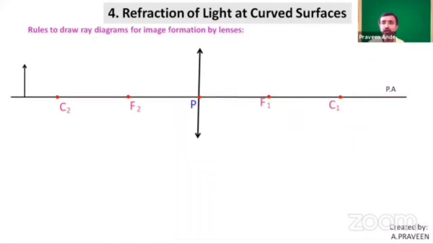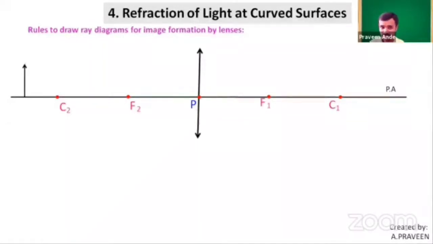Always we show the object in ray diagrams with an upward arrow. Don't take a downward one, only upward. It is compulsory. So the upward arrow is drawn. The first point is always to place the object above the principal axis, shown by the upward arrow here.